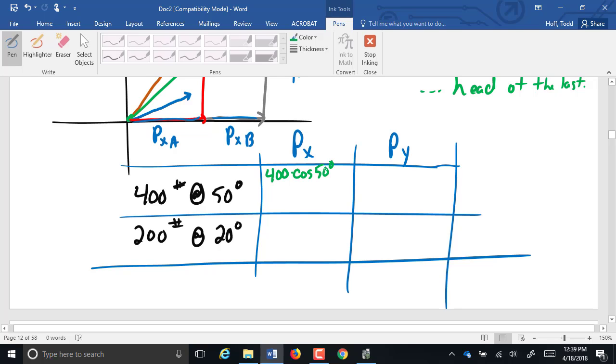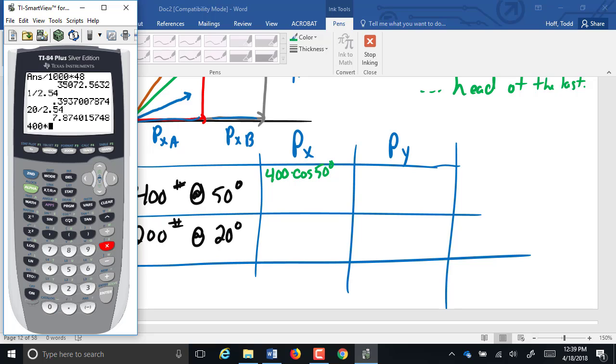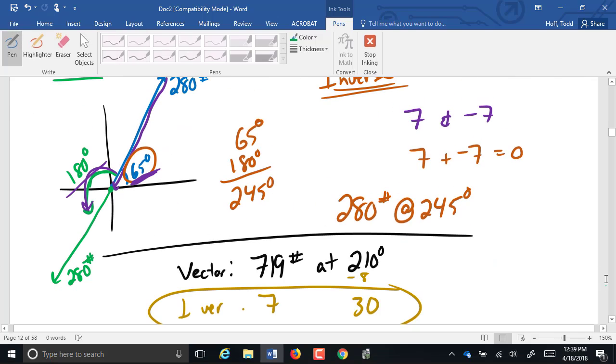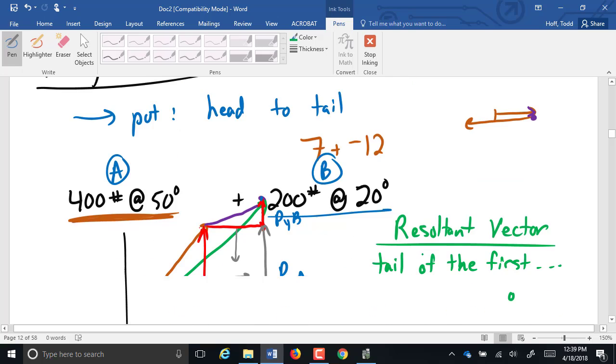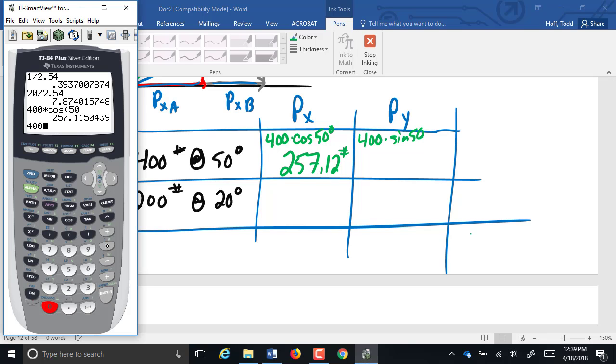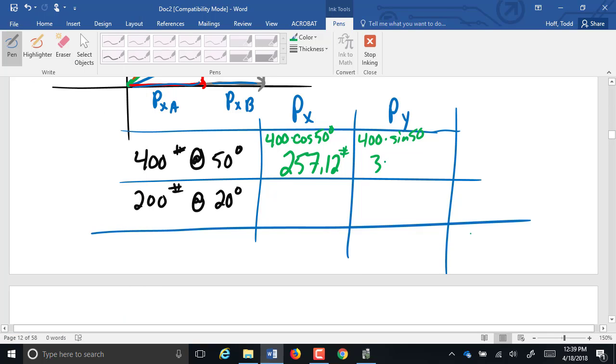Cosine of 50. 257.12 we're going to call it, pounds. Py, the vertical component, 400 pounds times sine of 50. Good. 306.42 pounds.